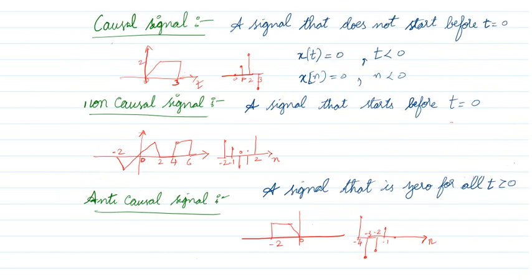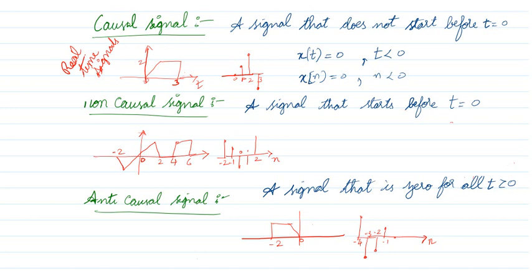Next we move into the other topic, causal signals. A causal signal is very simple. All real-time, day-to-day life signals are causal signals, because time is always positive for us, right? You are installing a fan in your room.